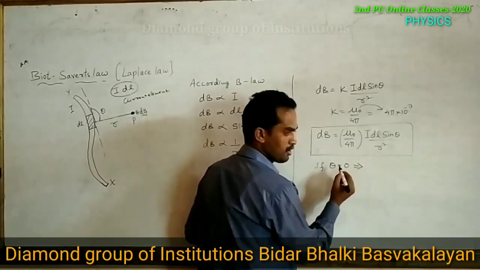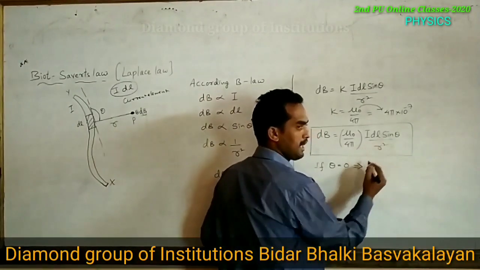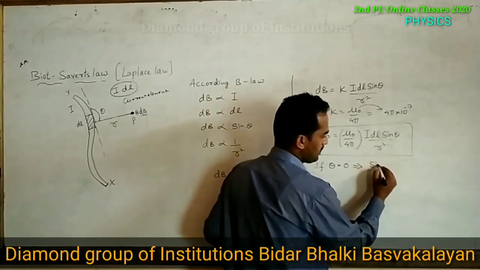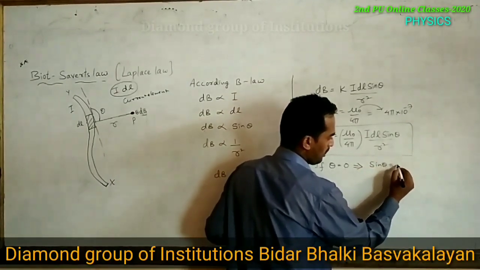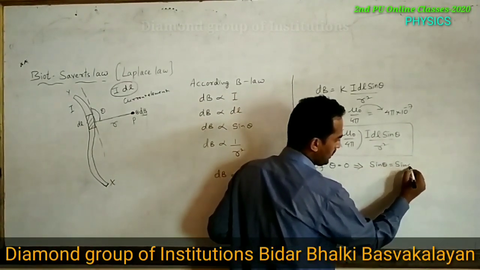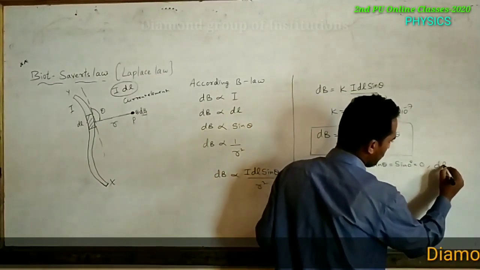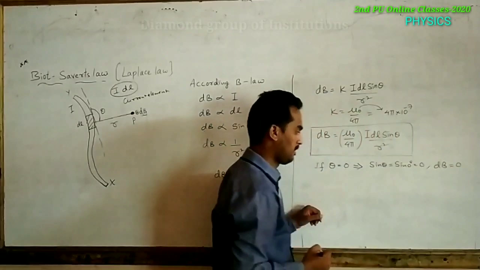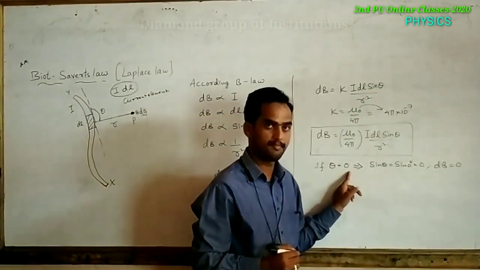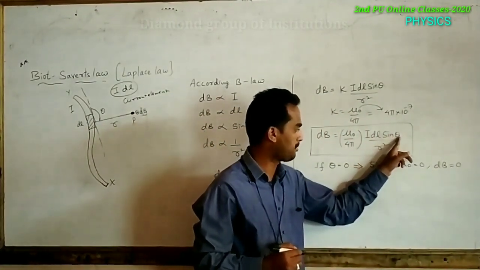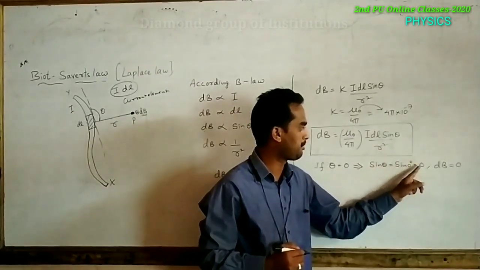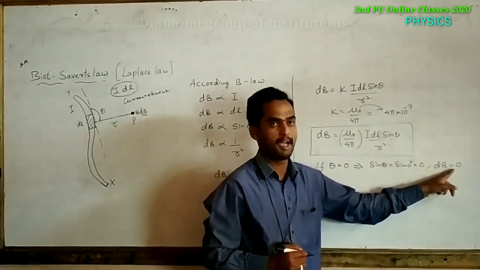If theta equal to 0, then sin 0 degree becomes 0, so the magnetic field is 0.